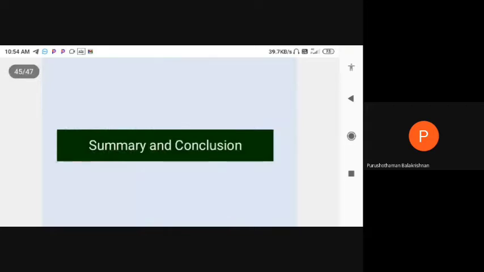So, summary and conclusion. Based on the presentation, we know that natural product chemistry is very important. It is helpful to derive new compounds, unknown compounds, as well as already approved compounds. We can synthesize large quantities through this methodology.